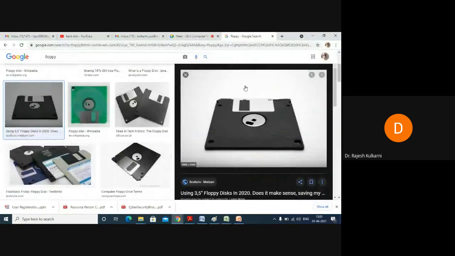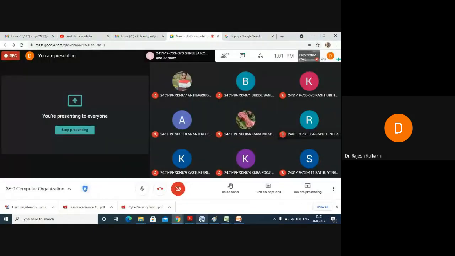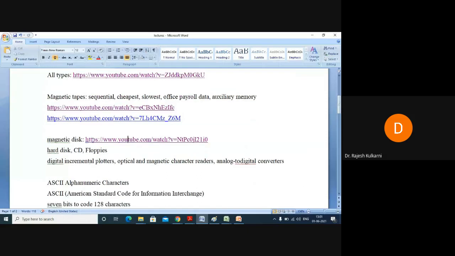Again, it was just to give you a feel of what a magnetic tape and disk is all about.